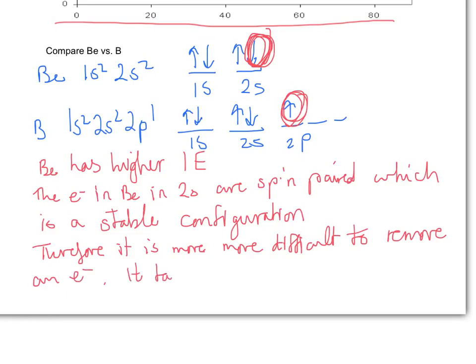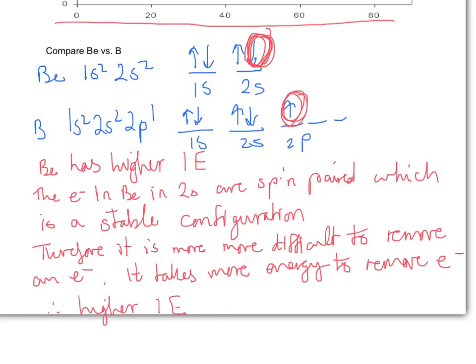It takes more energy to remove the electron, and so you have higher ionization energy compared to boron, which has 1 electron in the 2p.